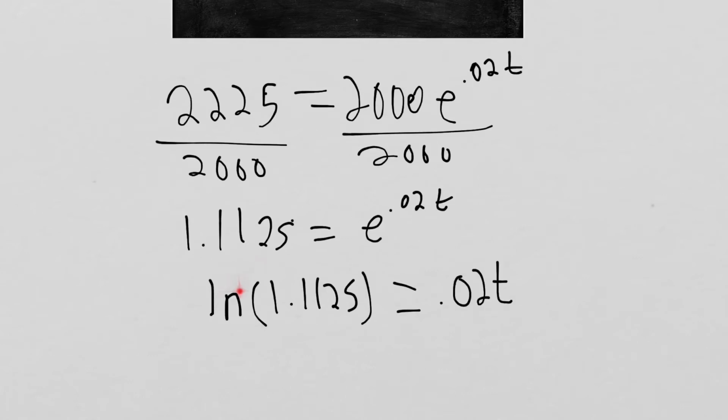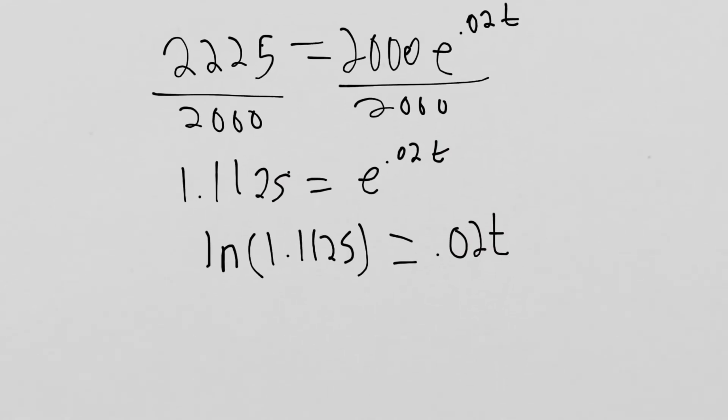Because remember what a log is saying. It's saying e, that's our base e, we can't see it because we just write it as natural log, e to what power is 1.1125? Well, e to the 0.02t power is 1.1125, so that's what's on this side of the equation. So now if we want to finish this and solve for t, we can just divide by 0.02 on both sides.